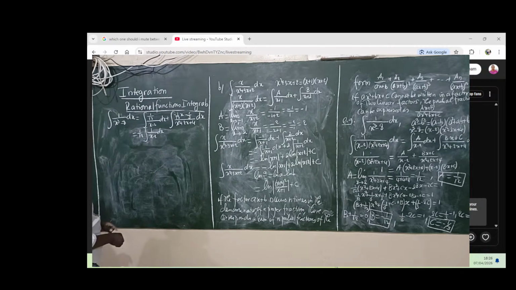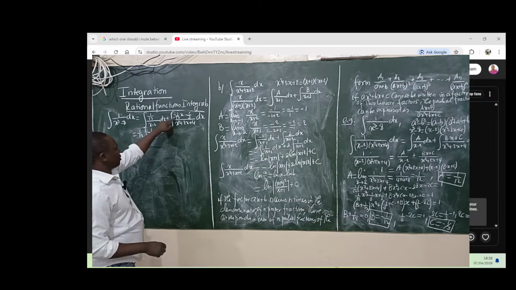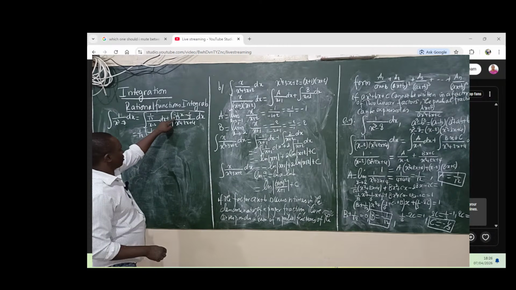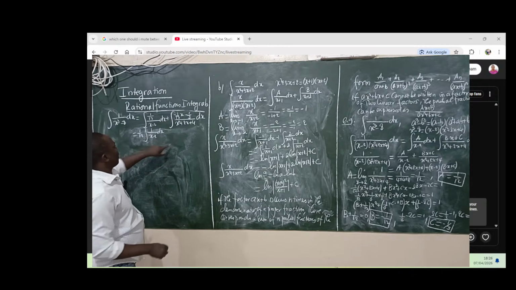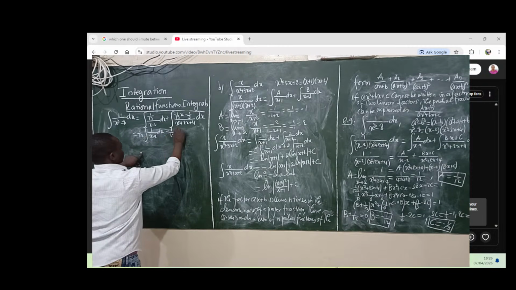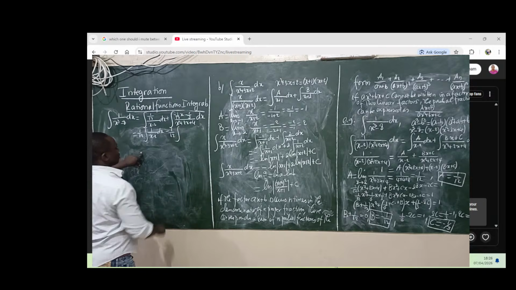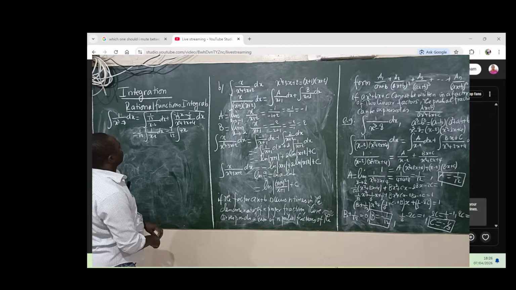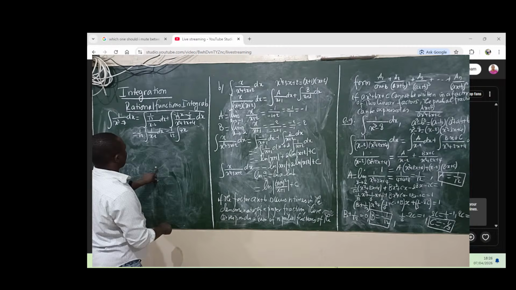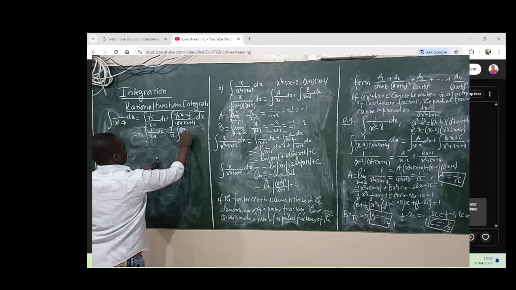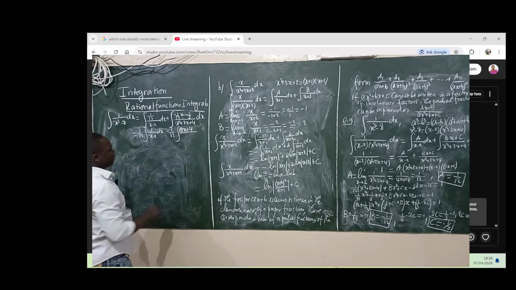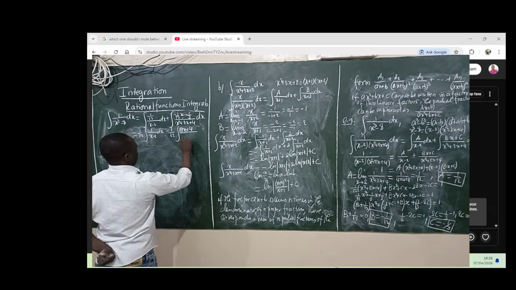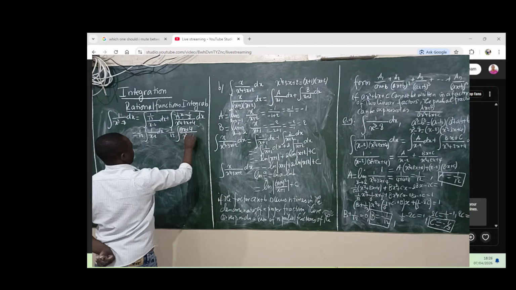Let's multiply minus 1 by 12. Yeah, take minus 1 by 12 into, we stay with x plus 4 divided by x squared plus 2x plus 4 dx.